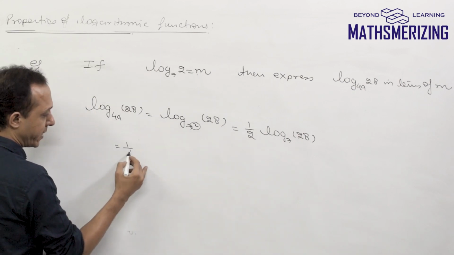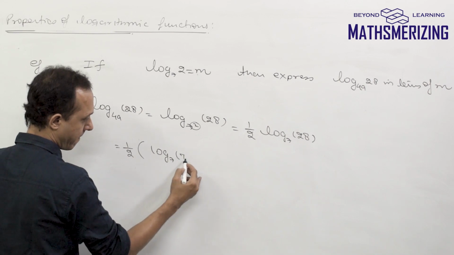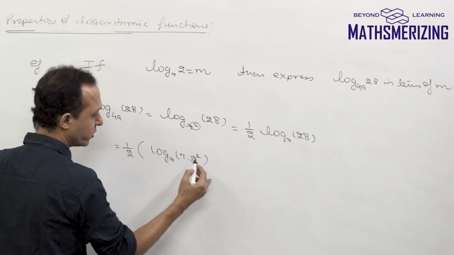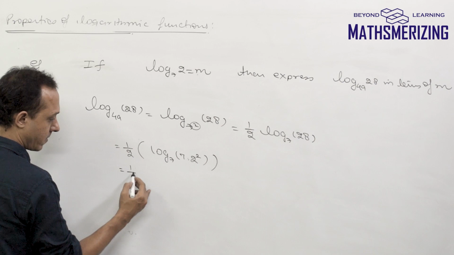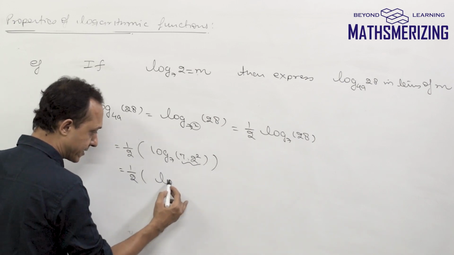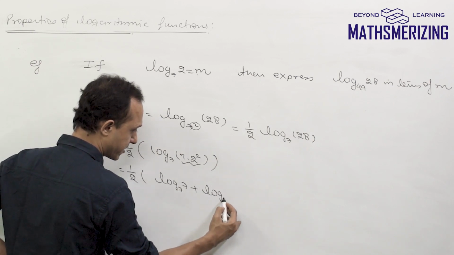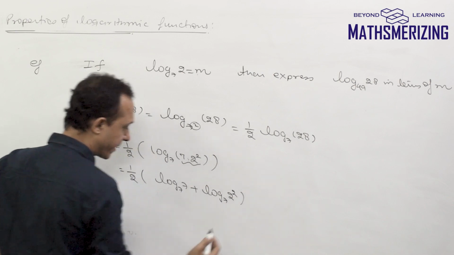Now I can also write this 28 as 7 into 2 square. Now log m into n is log m plus log n, so I can write it as log 7 base 7 plus log 2 square base 7.